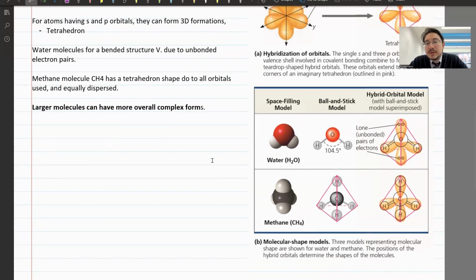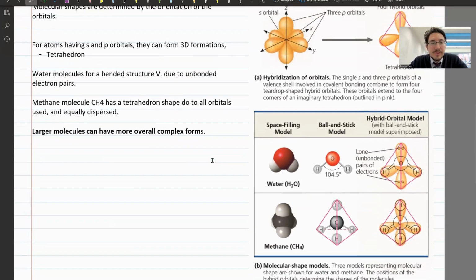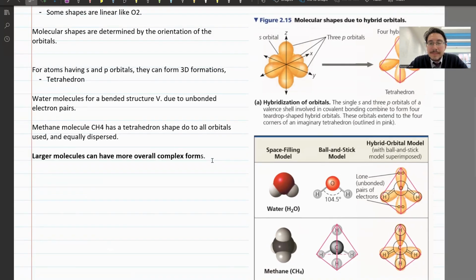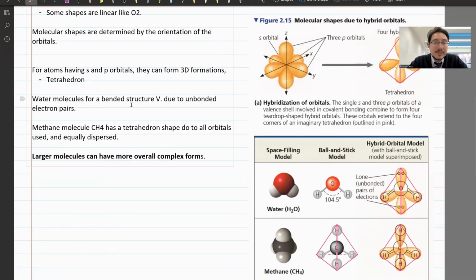And then you can have another type of bonding, like water. Water has a bent structure because it has lone pairs of electrons, so you have these orbitals here that are not being used. Because of that, you have this bent structure, this little V structure.